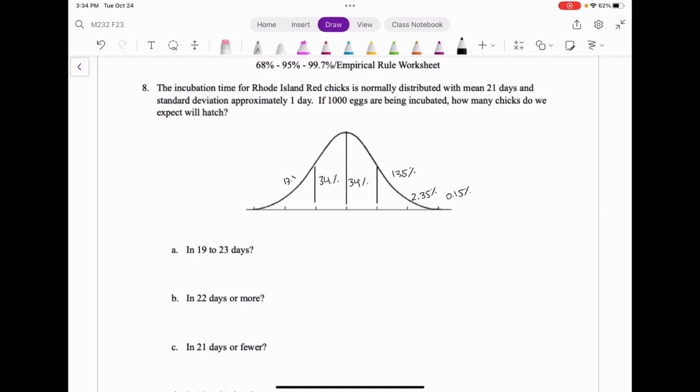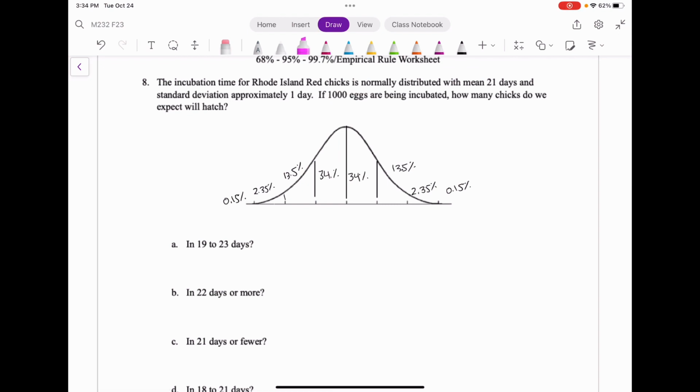Same thing for this side. And then I'm going to use my values. I'm told that the mean is 21 days and the standard deviation is 1 day, which means I put 21 in the middle and then I add 1 to the right and I subtract 1 to go to the left.